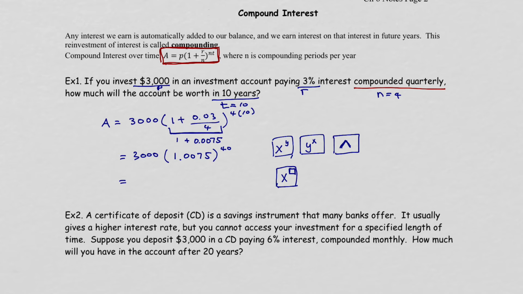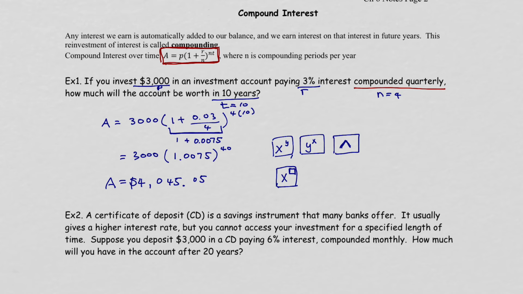So when you do that, you will end up getting $4,045.05. So that will be the total amount you're going to get with all this given information.